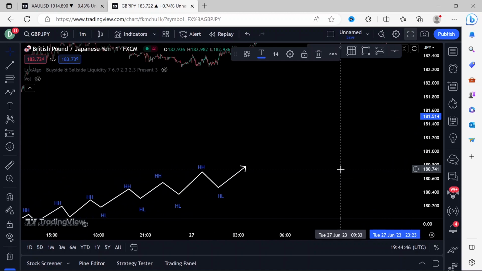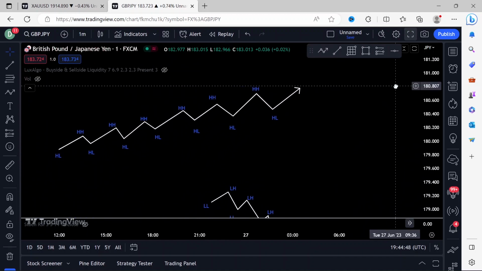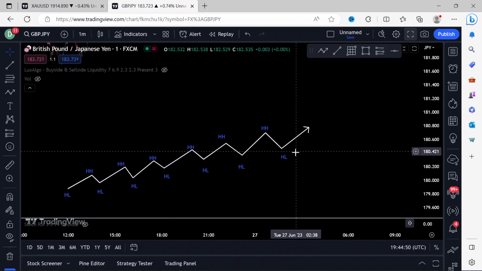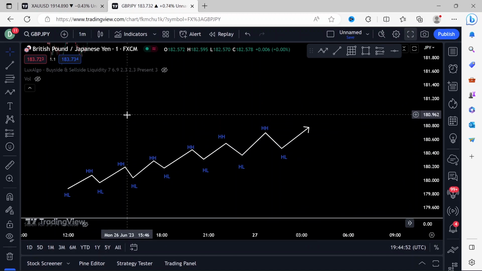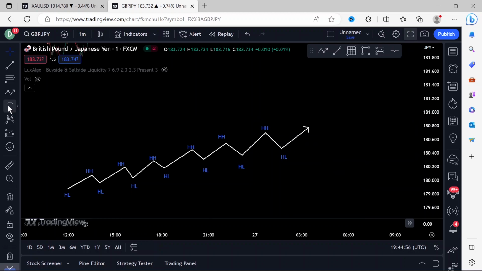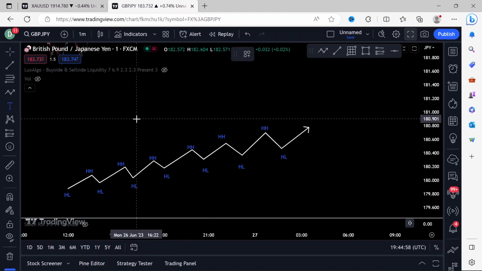So analyzing a chart, we want to determine where the trend of the market is. For market structure, as the first part, we are going to look at knowing the trend of the market.